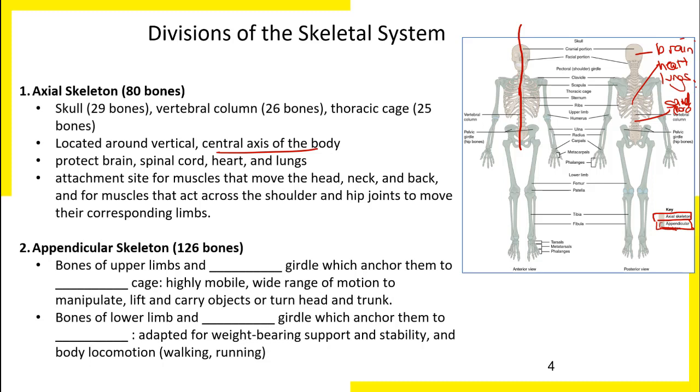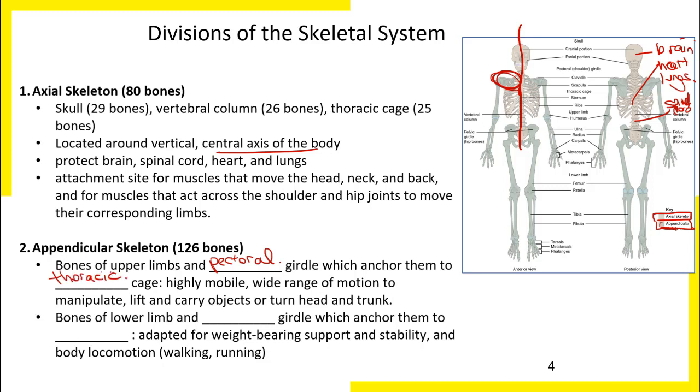You compare this to the bones of the appendicular skeleton, which are basically the bones of the upper limbs and lower limbs and their attachment to the axial skeleton. They're the ones that produce whole or partial body movement. The appendicular skeleton includes bones of the upper limbs and the pectoral girdle, which is the clavicle and the shoulder bone, which then anchor them to the thoracic cage.